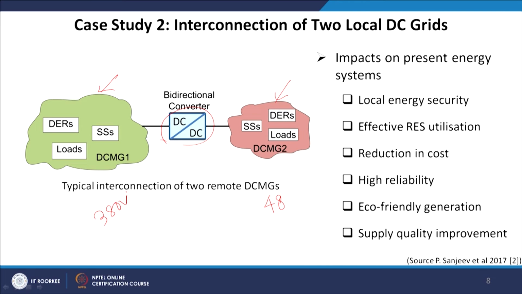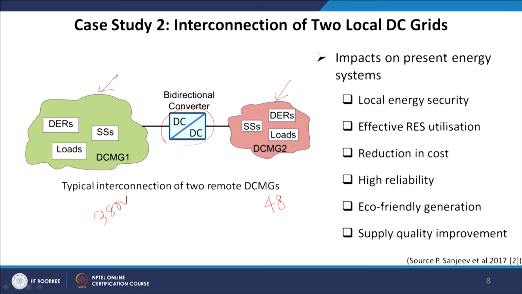For example, one DC microgrid may have a condition where the generation is more than load, and we have seen the other case where the generation is less than load. Now, when the generation is less than load, we have seen the diesel generator has to be brought in once my battery is not able to meet the load increase. Now, if you have 2 systems, in one case you have excess energy and in the other case you have a shortage of energy.